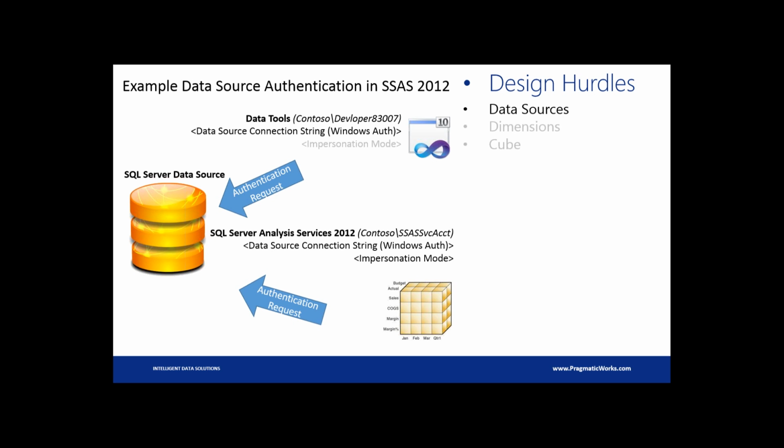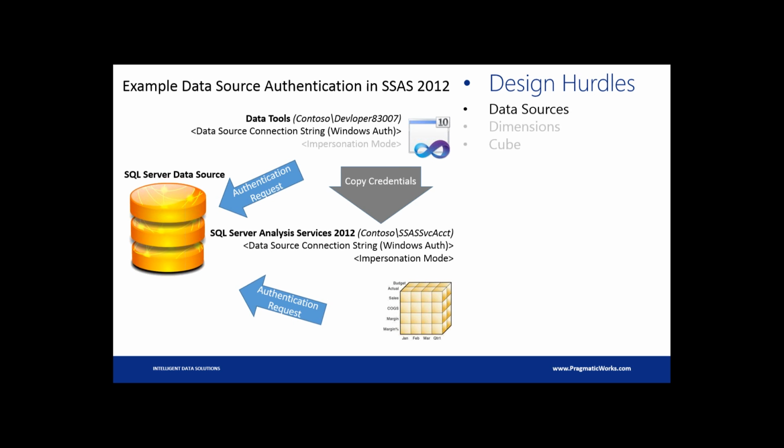However, when that developer goes to deploy to Analysis Services, those credentials, the data source connection string, and the impersonation mode get copied to the Analysis Services 2012 server. Now things start to behave a little bit differently. His identity is not used, but if he has left the impersonation mode in a default setting, the service account will be used as the Windows identity to connect to the SQL Server data source.